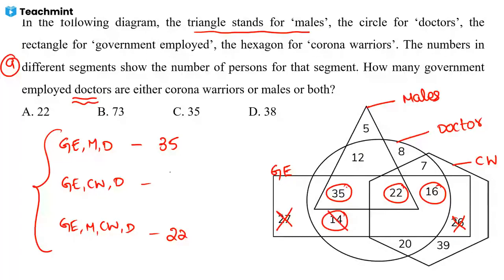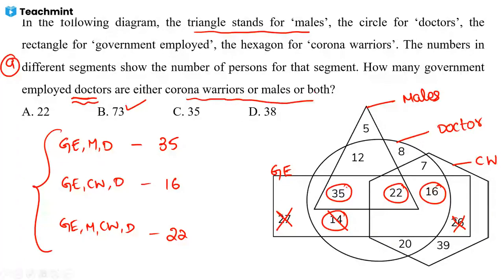Now already we have 57. Should 16 be counted? Yes, the 16 is nothing but corona warriors, doctor and male. Right. So we got a total of 73. They mentioned doctor here, government employed doctor. So this is the requirement: government employed doctor, corona warrior, male, both also.